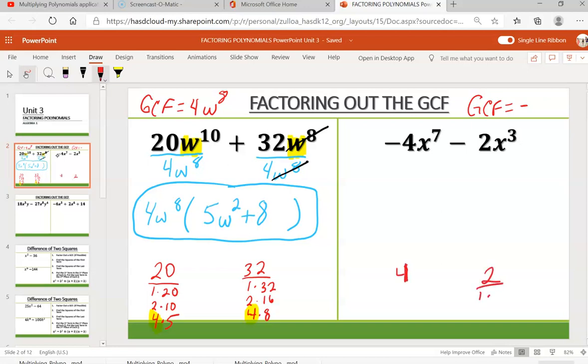This task is a little bit easier. So the factors of 4 and 2, they have 1 in itself. For 4, 4 has 2 and 2. We're done with 2 though. And you're looking for the number that they both have in common, the biggest number, and that would be 2.